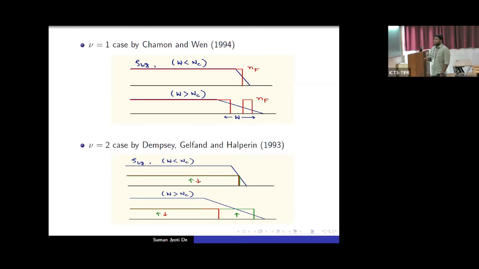But if you increase this W, or make a very smooth potential, this is no longer the case. The edge of the down spin and the edge of the up spin physically separate, so there is a spin polarized region close to the edge.